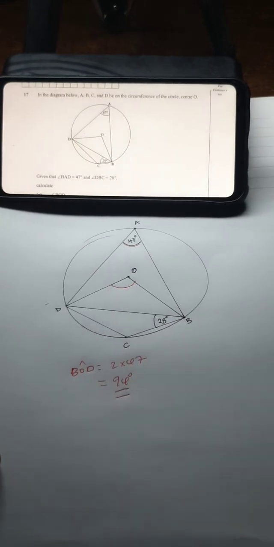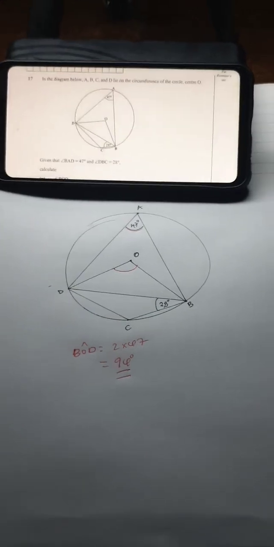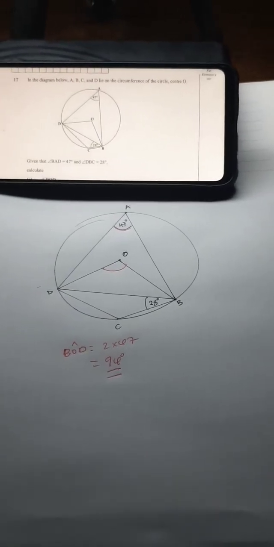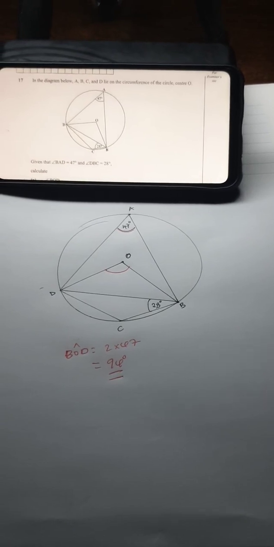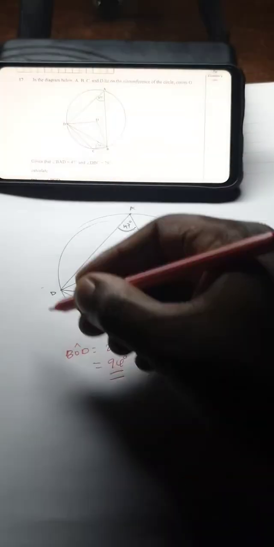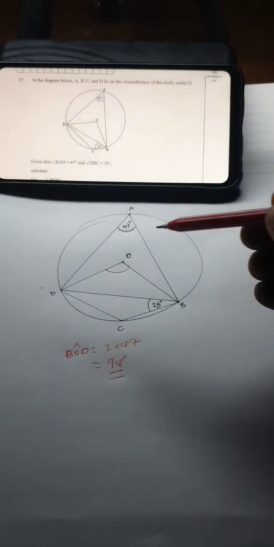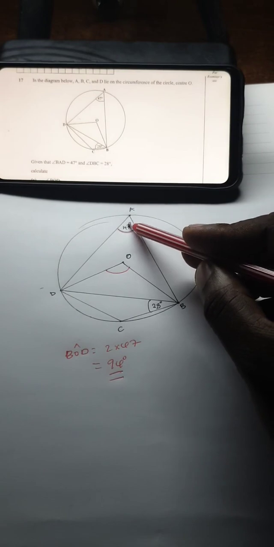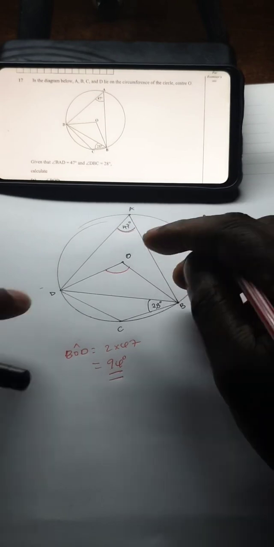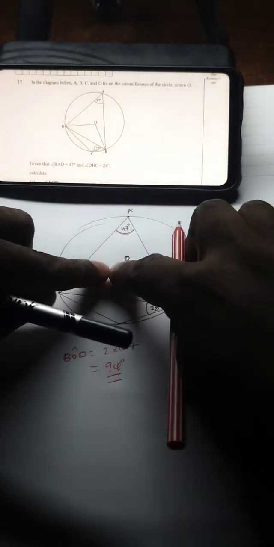Please don't forget the degrees. Same circumference. Your theorem: the angle at the center is twice the angle on the circumference, subtended by the same chord.